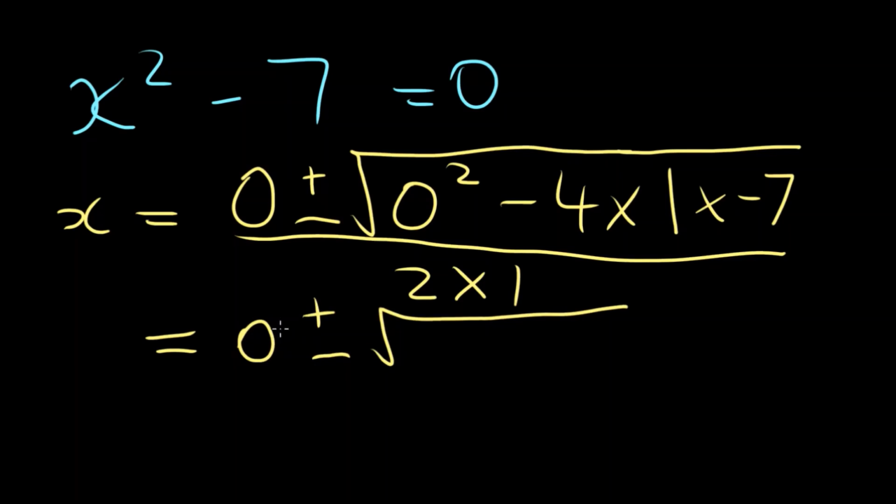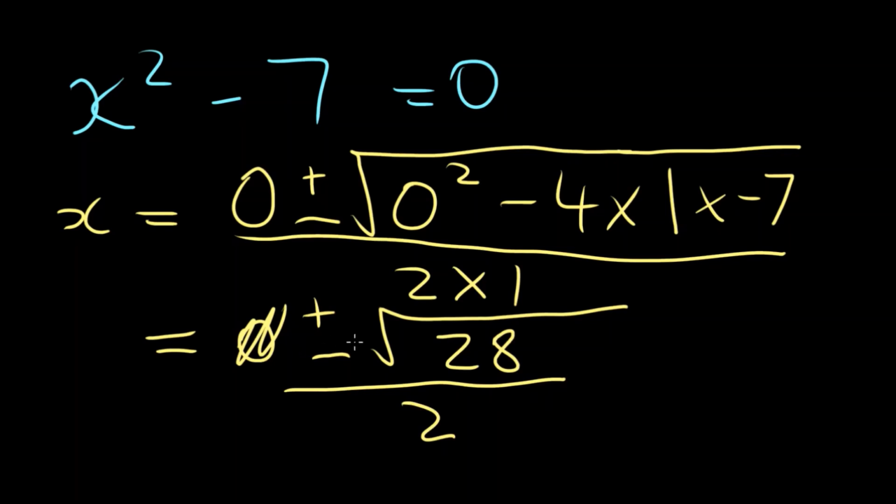We don't need to write that 0, do we? You can just say plus or minus the square root. Okay, 0 squared is 0, minus 4 times 1 is 4, 7 times 4 is 28, and there's 2 minuses there, they counter each other. So the square root of 28 over 2 times 1 is 2.